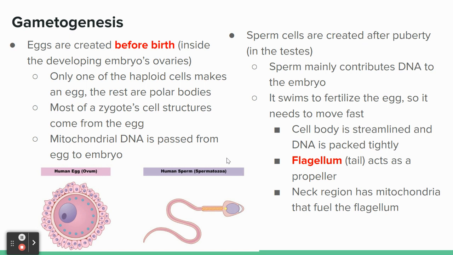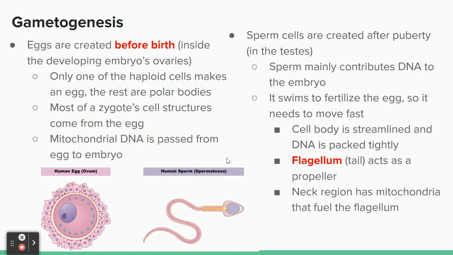Typically the biologically female parent passes down their mitochondrial DNA to their offspring, because the sperm cells only pass down DNA. That's it. The eggs do all of the heavy lifting in terms of everything else that the zygote needs.